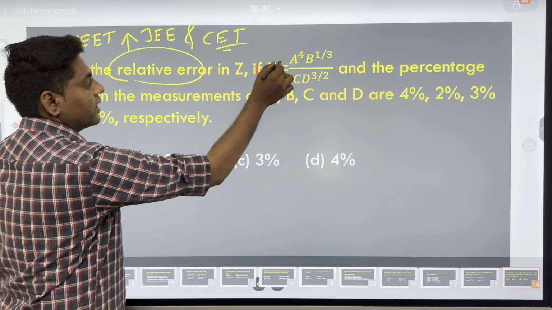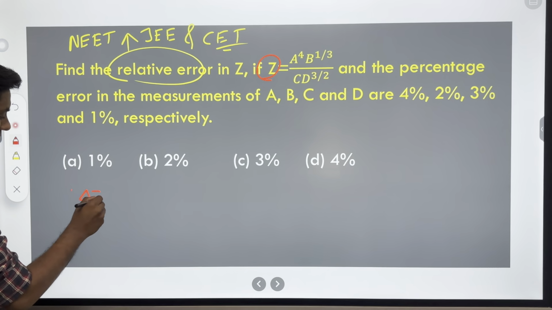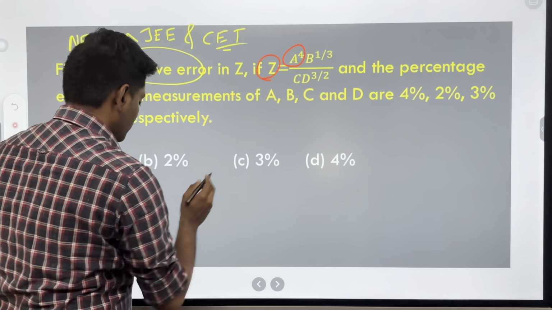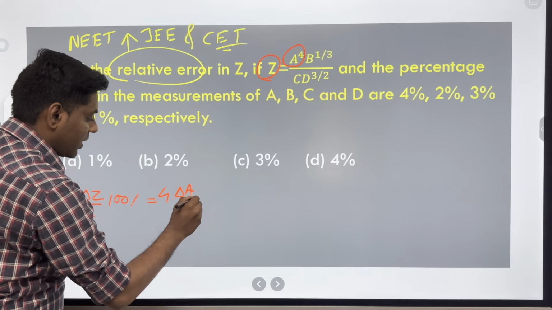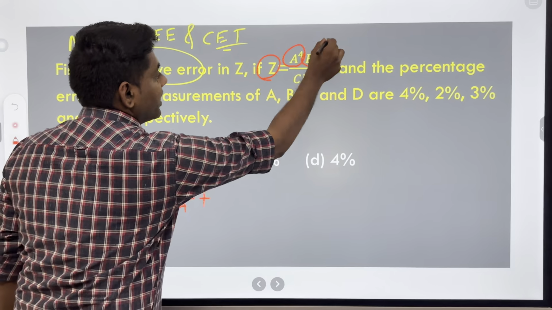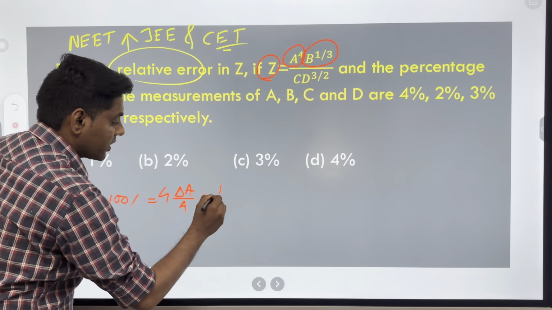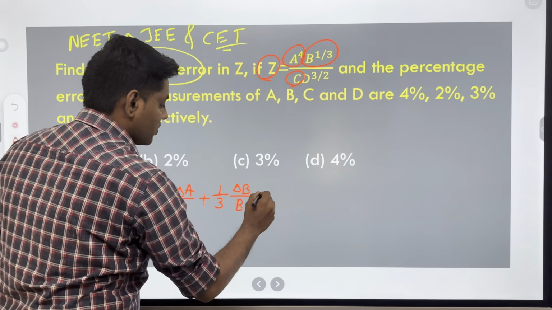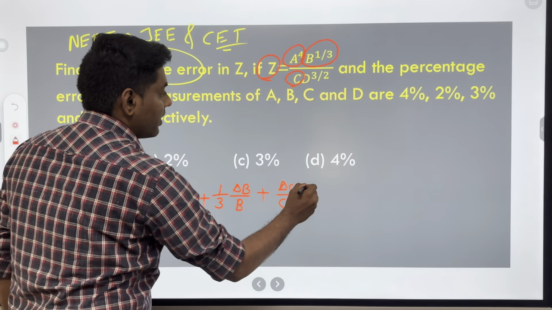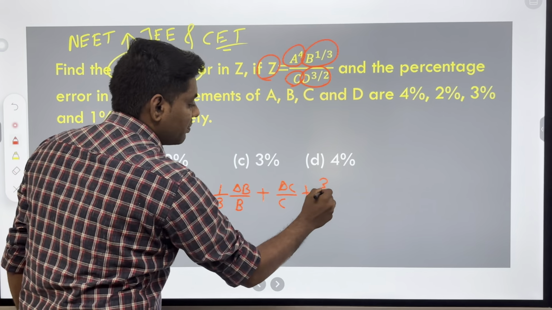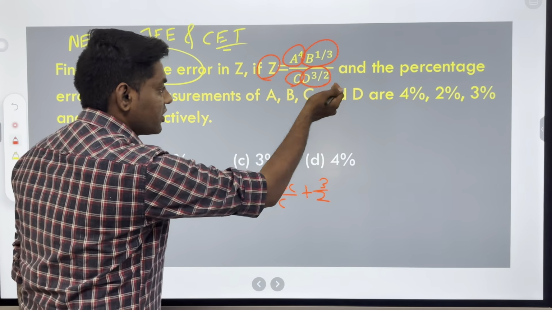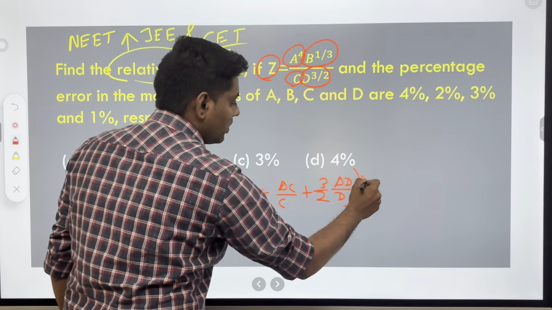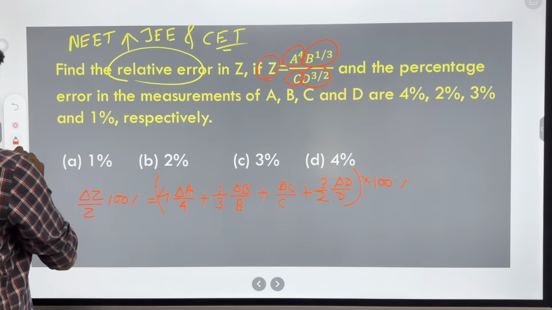We have to calculate the relative error in Z. That is delta Z divided by Z into 100 percent equal to 4 into delta A divided by A, plus 1/3 into delta B by B, plus delta C by C, plus 3/2 into delta D by D, the powers taken as multipliers, bracket complete into 100 percent.